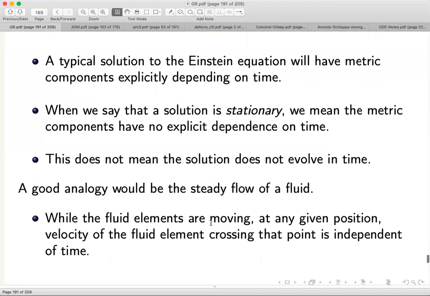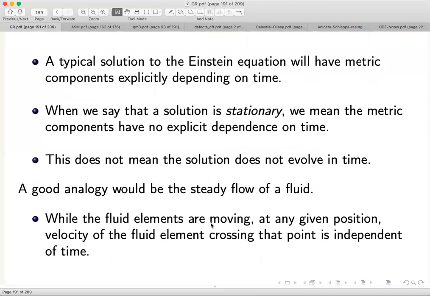So what you're saying is that no matter which water drop is crossing at that point at any given time, the velocity at that point is fixed. That velocity is not changing with time at that particular location. If you go to some other point, the velocity would be different. But at that point, no matter which water droplet is crossing, all of them would have the same velocity, and it is independent of time.